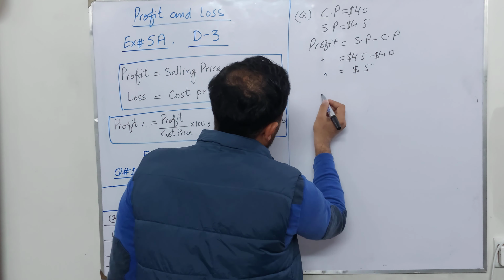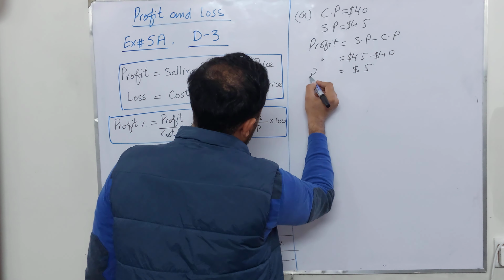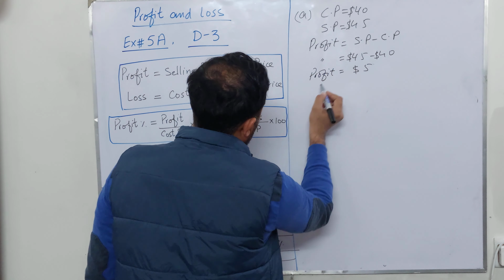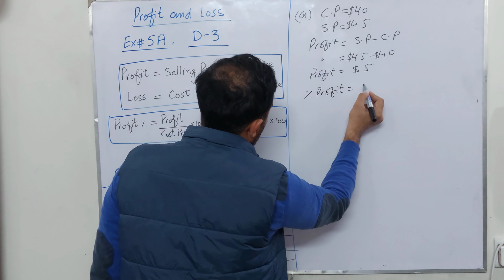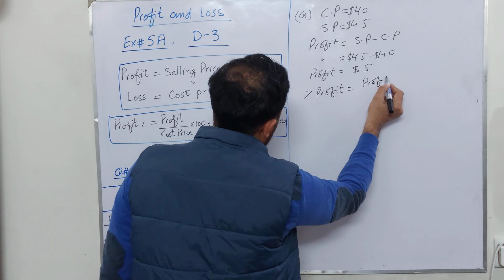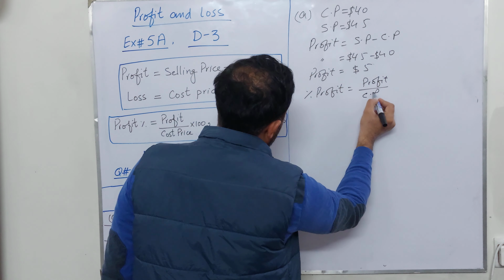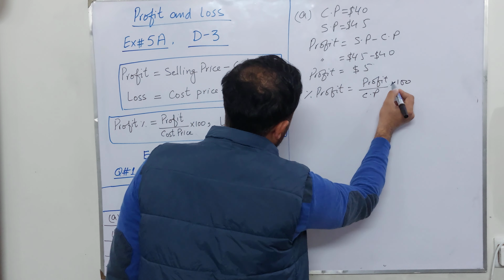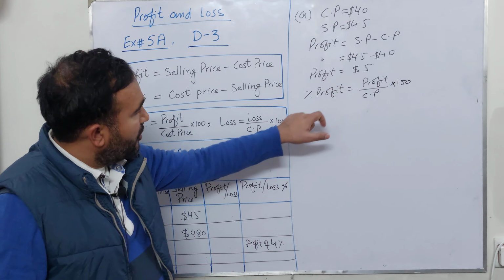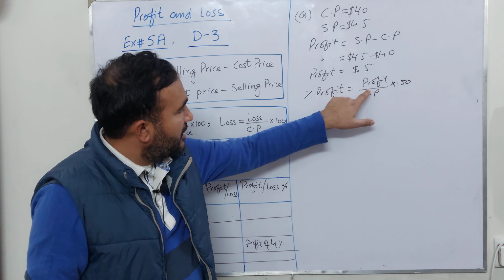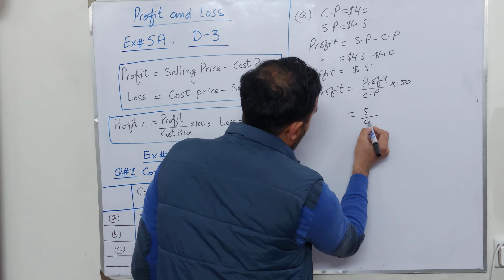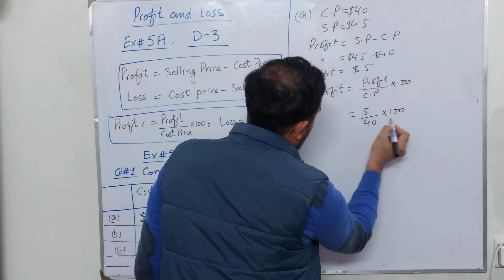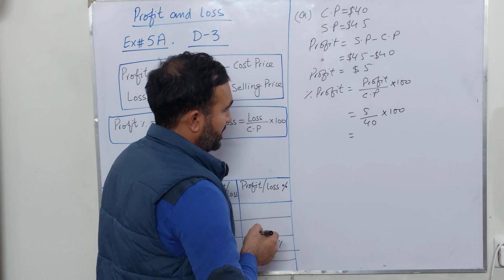Now we need to find profit percentage. Percentage profit is equal to profit divided by cost price multiplied by 100. Okay, so we have profit of $5 and cost price is $40. So it will be 5 divided by 40 multiplied by 100, right? So the result will be profit percentage.